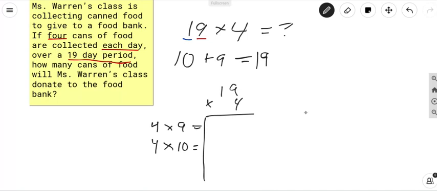I think about, but wait, that problem is hard for me because 9s are hard. Well, this tells you again 4 groups of 9, so I can draw the picture for it too. So I'm going to do 4 groups of 9. So that's 9. That's 9.